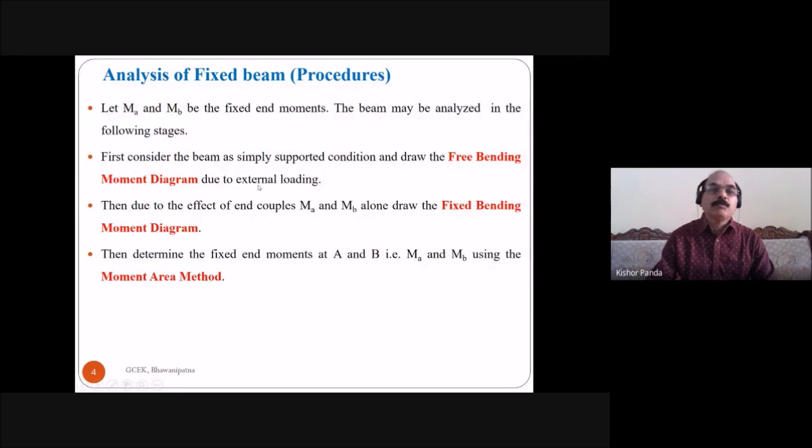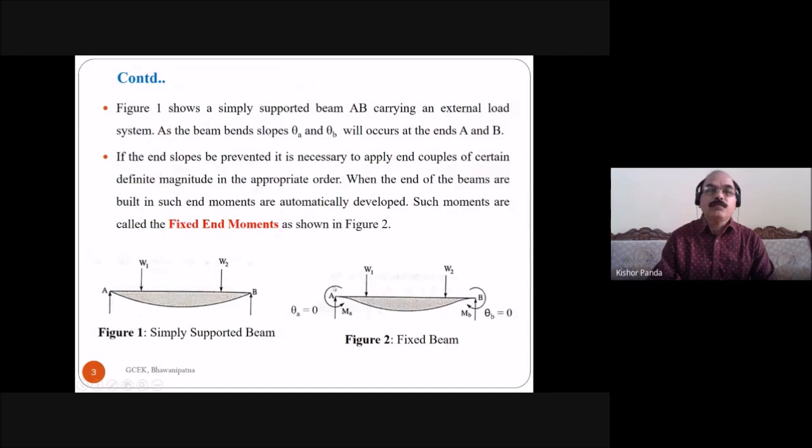So what you have to do is find out MA and MB. These are the unknown moments, and you have to find these two moments using the moment area method.